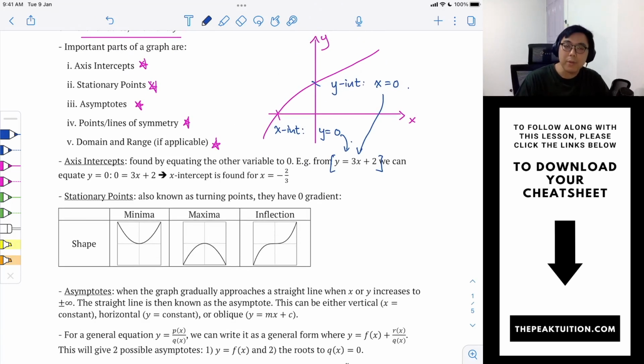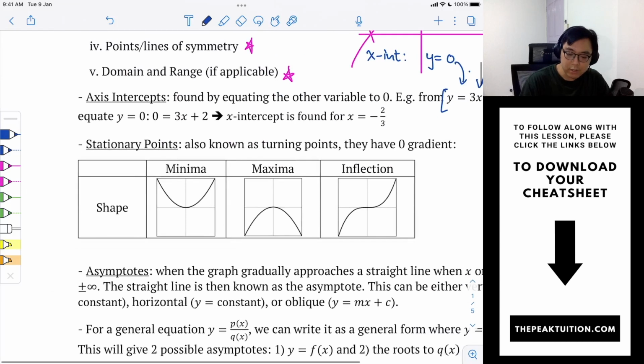Next is the stationary points. These are also known as turning points. They have zero gradient. We notice that here, let's say for this, we have a minimum point, which is the gradient going down, then gradient is 0, then gradient going back up. And we also have a maximum point where you see that there's another 0 gradient here.